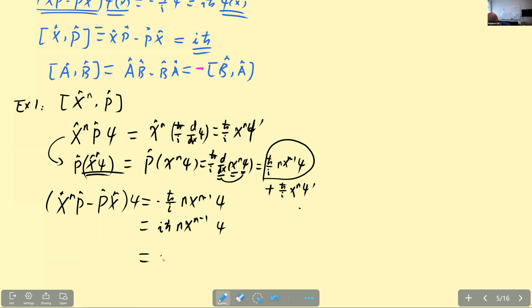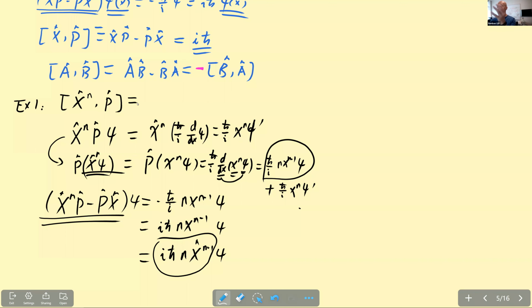And this equals i h bar n and the x operator to the power n minus 1 acting on this psi. So that's the action on the wave function. This is correct for all wave functions.